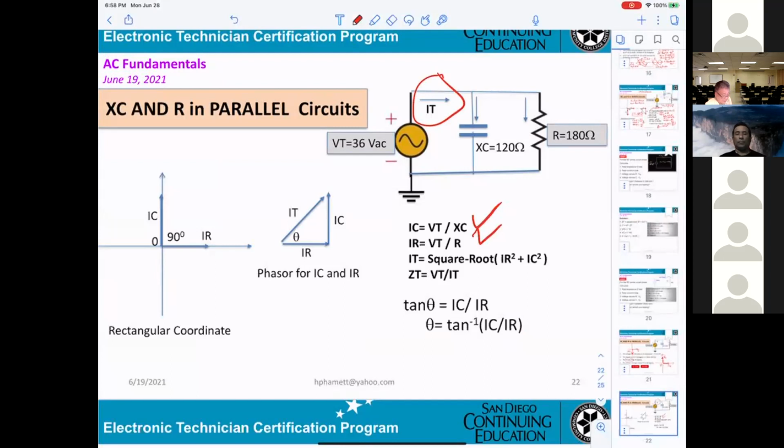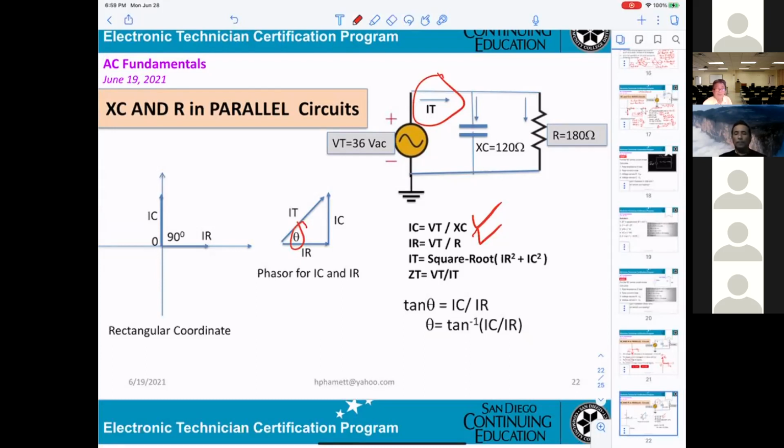And if you want to calculate the total impedance, you take the total voltage divided by the total current. Also, you need to calculate the phase angle. The tan theta will equal IC divided by IR. To calculate the angle, it is tan minus 1 of IC divided by IR.